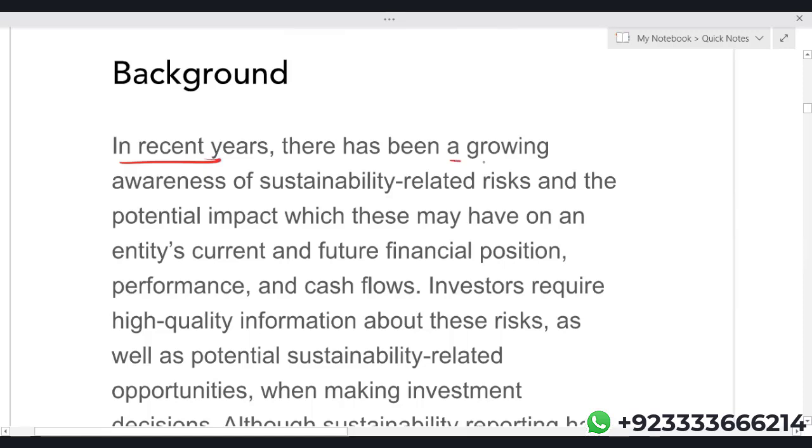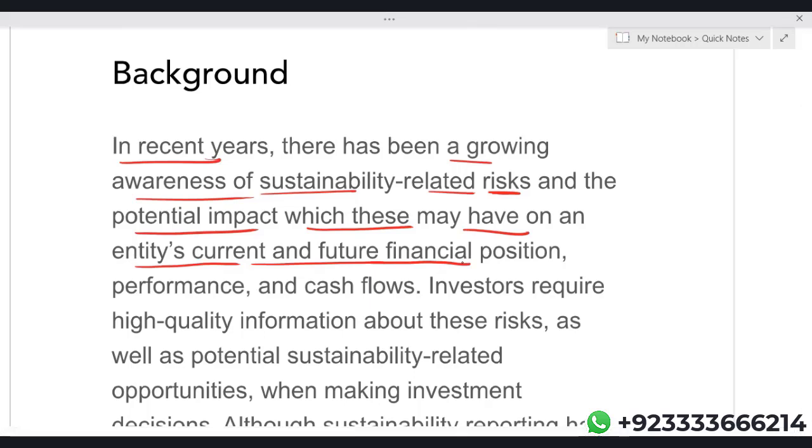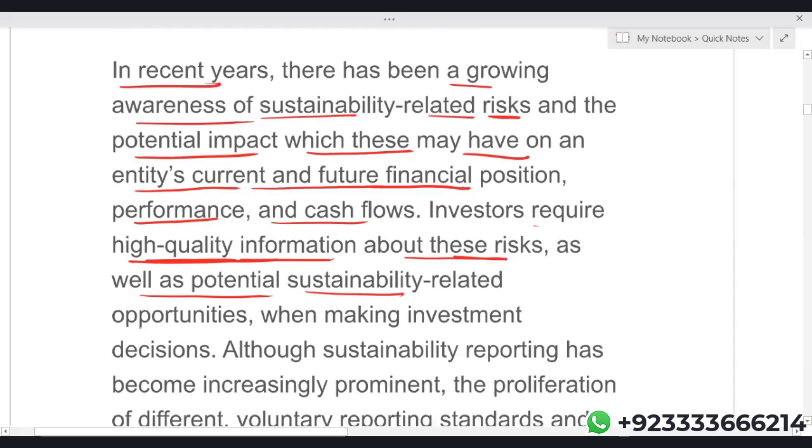In recent years, there has been a growing awareness of sustainability related risks and potential impact which these may have on an entity's current and future financial position, performance and cash flows. Investors require high quality information about these risks as well as potential sustainability related opportunities when making investment decisions.